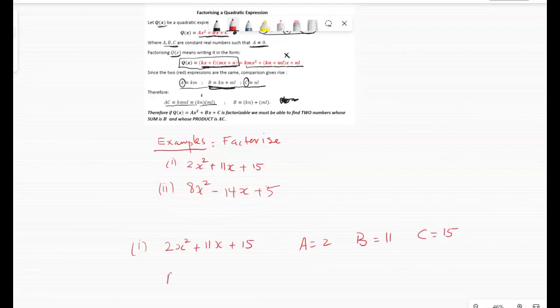Now, A times C is equal to 2 times 15, which is equal to 30, and B, which is 11, is equal to 5 plus 6, and also therefore AC is equal to 5 times 6.